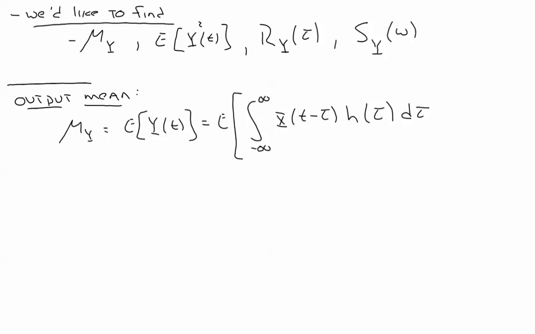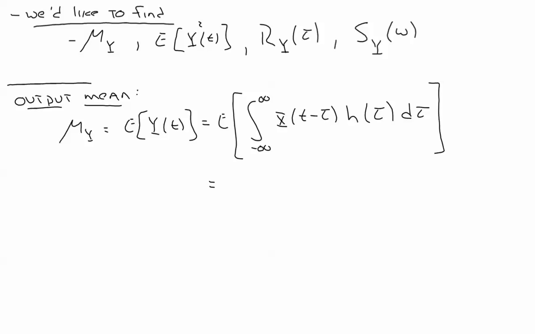So y is just the convolution of x with my impulse response. All right? So the only thing that has randomness here is my input random process x, so I can move the expectation inside of my integral.